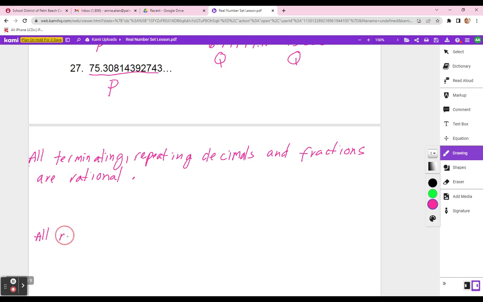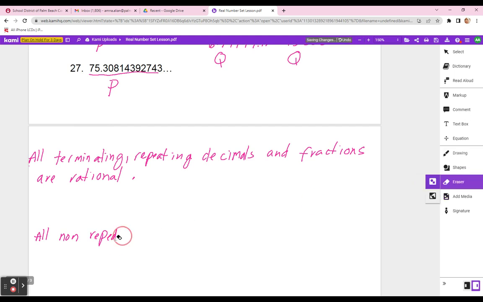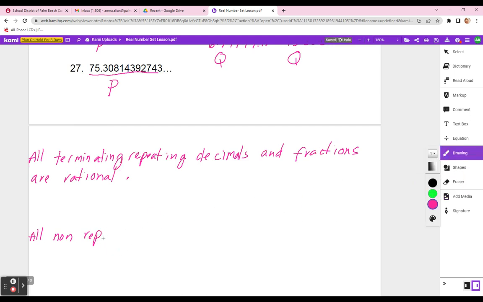All non-repeating and non-terminating numbers are irrational.